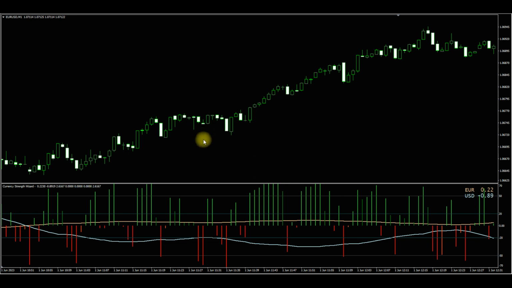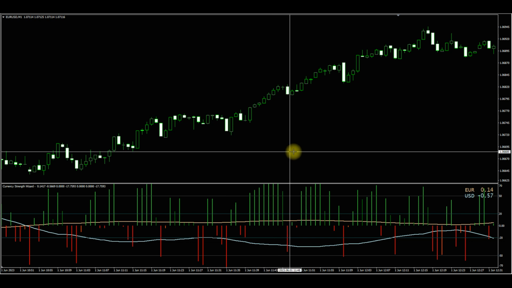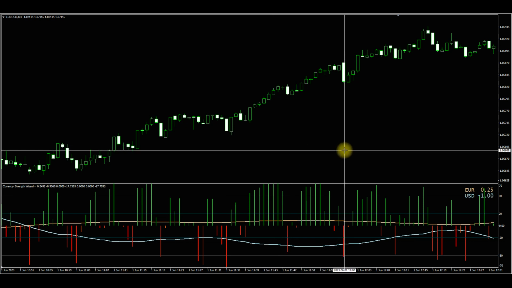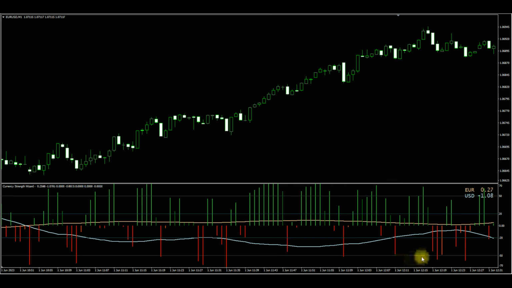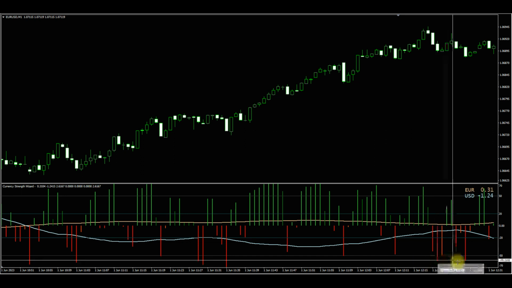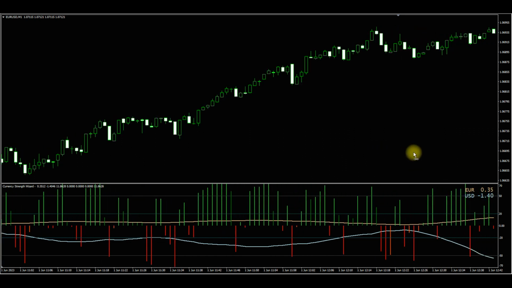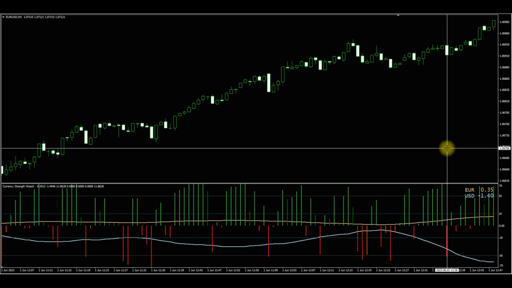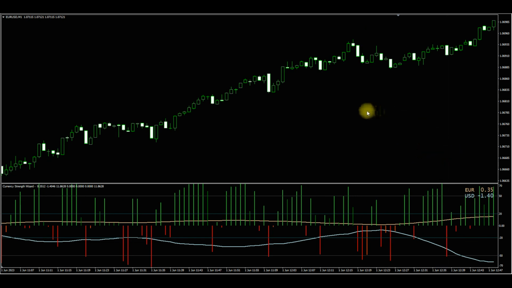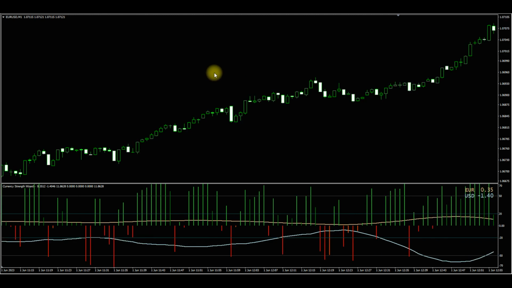All these bars show great points which you can use for entry in the direction of this buy trend. So one more bar here, one more bar here, and here, and even here. So as you can see, the trend is going up on this M1 chart, and you can enter the market at the very right moment, at the very right time.